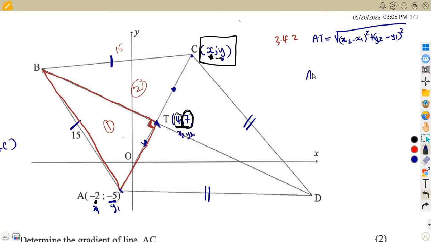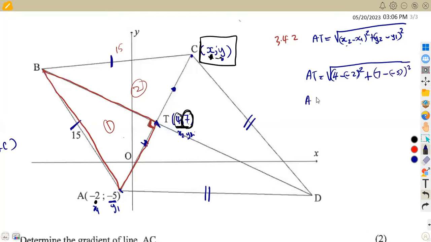So AT is going to be the square root of x2 minus x1, that's 4 minus negative 2. So there's a negative 2 here, so it's going to be 4 minus minus 2, squared. You can put a bracket, plus y2 minus y1. So y2 here is 7, y1 is negative 5, so this is 7 minus negative 5, and everything squared.